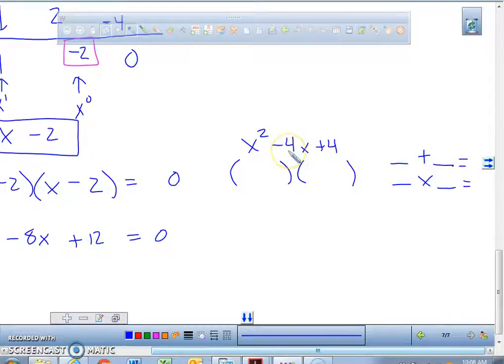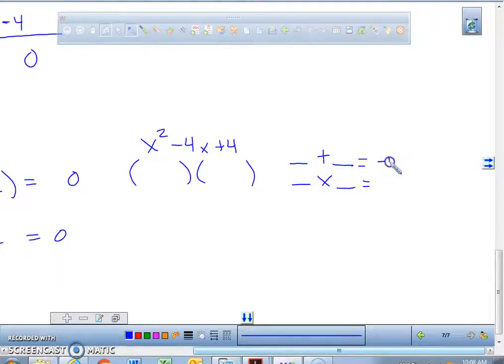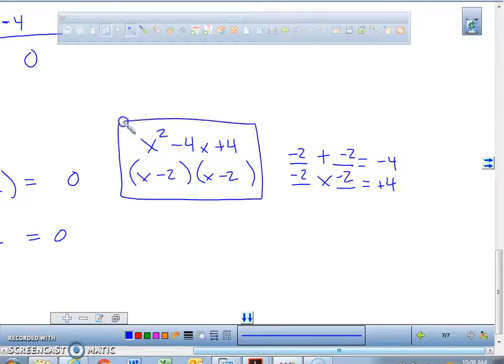What are two numbers that add up to a negative 4, but multiply together to equal a positive 4? Negative 2 and negative 2. So x minus 2 times x minus 2 ends up becoming x squared minus 4x plus 4.